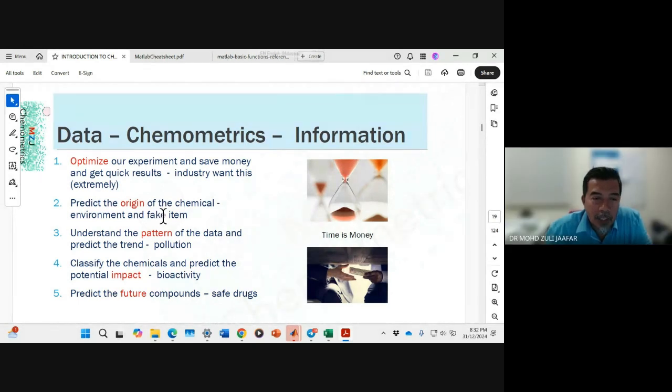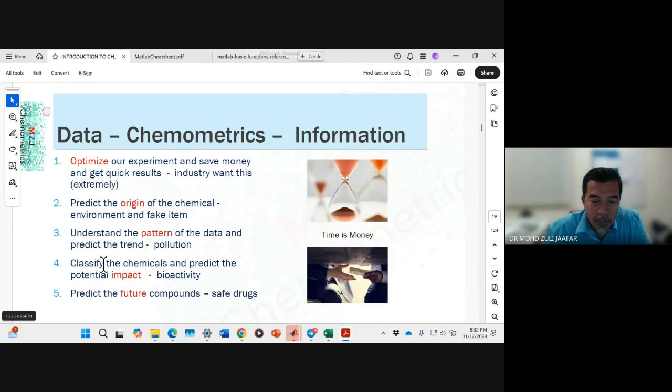So what I can conclude from the data is that if you use chemometrics, you will get information. Again, I want to emphasize that you can optimize your experiment and save money. You can predict the origin of the chemical. You can understand the pattern of the data.